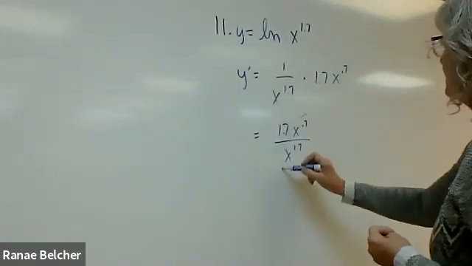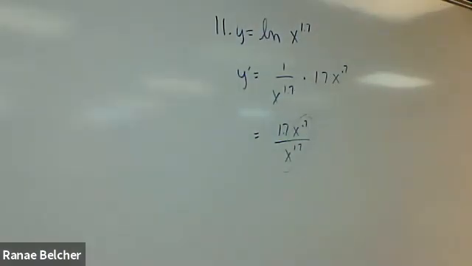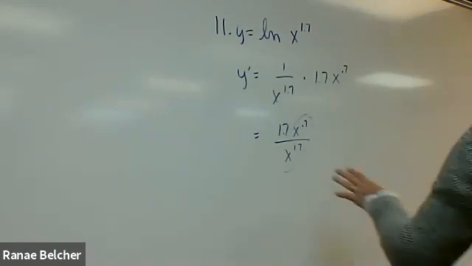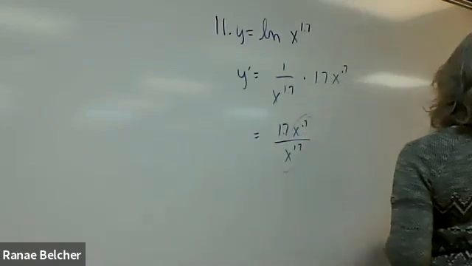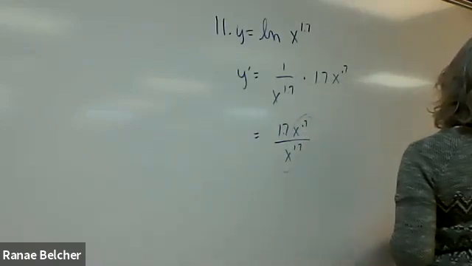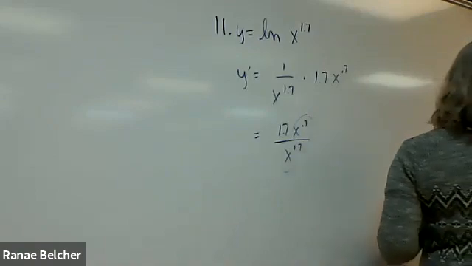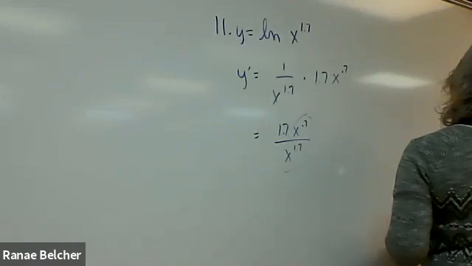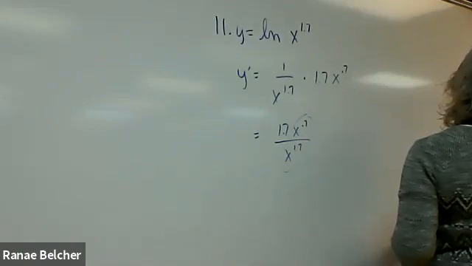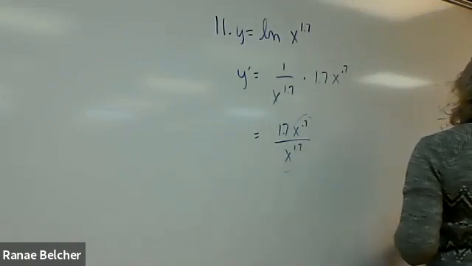But this can be simplified. You know what the rule is? It's not the derivative rule, because you're not doing a derivative. If I have x to the a over x to the b, that's going to be x to the what? Remember, if you had x to the a times x to the b, that would be x to the a plus b.